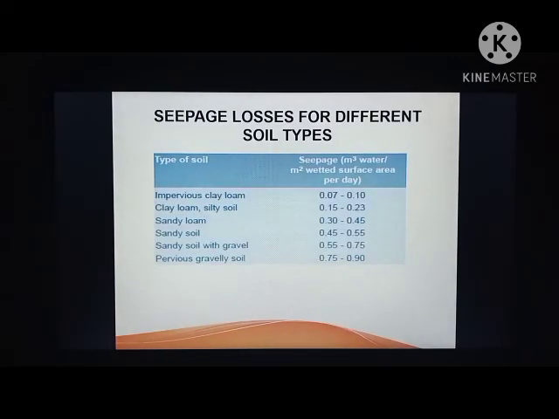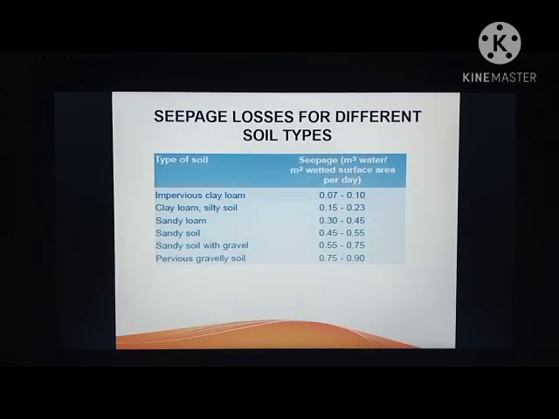Seepage losses for different types of soil, and we have the seepage in cubic meter of water per square meter wetted surface area per day. We have the impervious clay loam that has a seepage of 0.07 to 0.1.